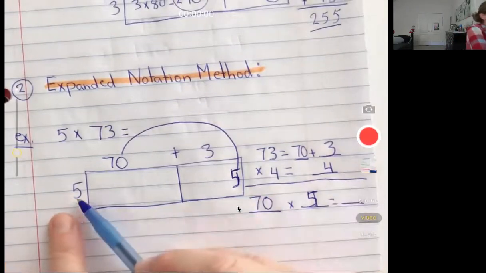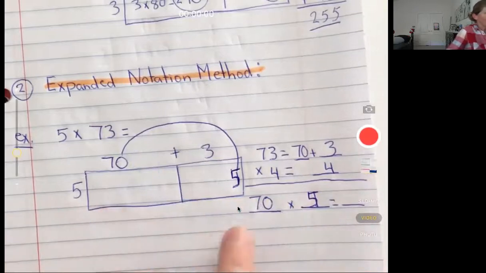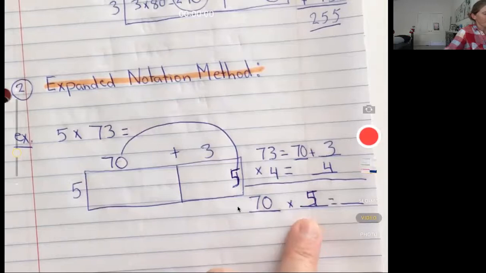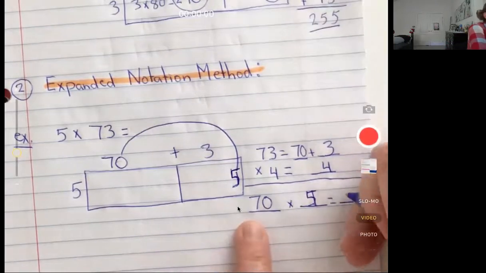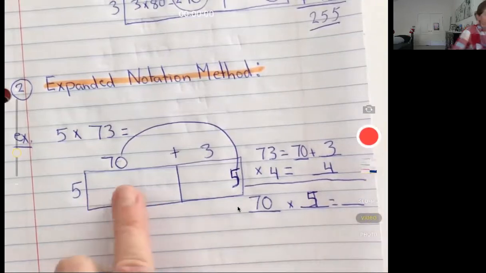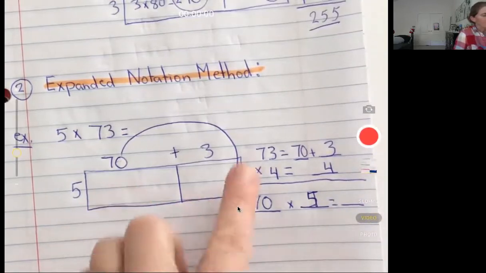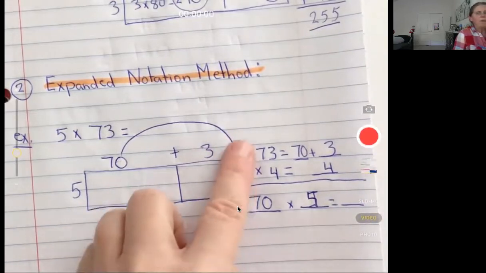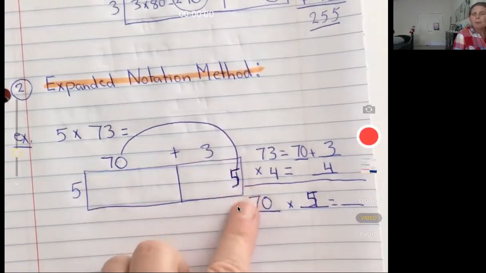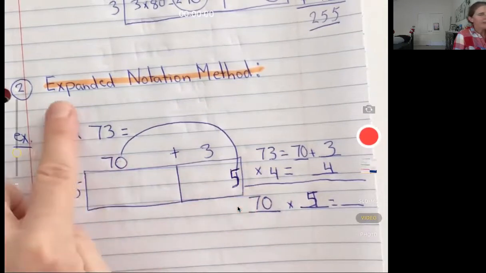It's really the same thing as saying 5 times 70, right? So now we're just breaking it up. We're taking the tens and we're multiplying by the ones. Okay, so now we're just putting it over here now instead of inside. So we're starting to see how a multiplication problem, the equation breaks down. This is the expanded part.